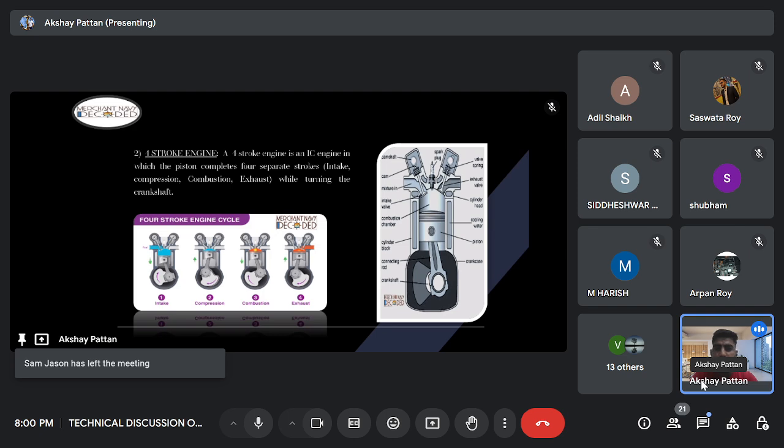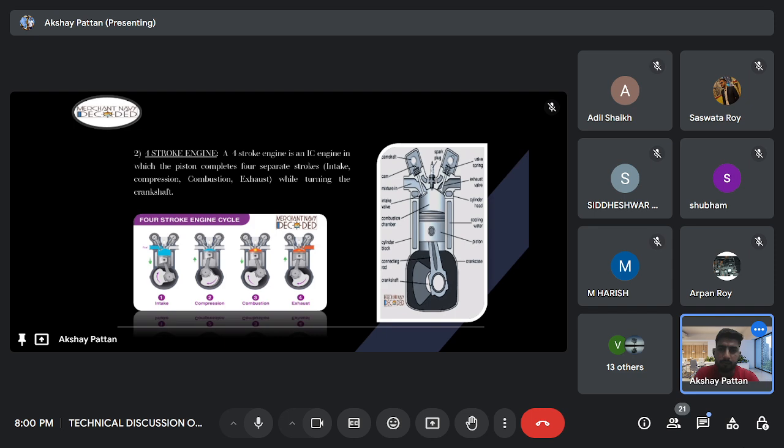There is a blast inside the cylinder once the fuel is ignited. Okay. Due to this ignition, the piston moves from TDC back to the BDC, which is known as expansion stroke. Okay. And in exhaust stroke, the burnt gases remaining inside the cylinder move out of the cylinder through the exhaust valve.